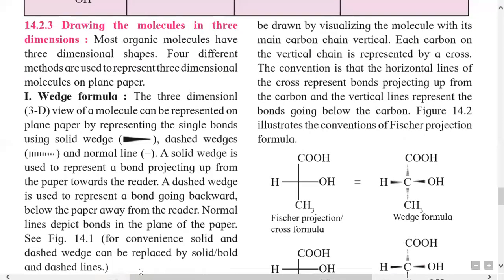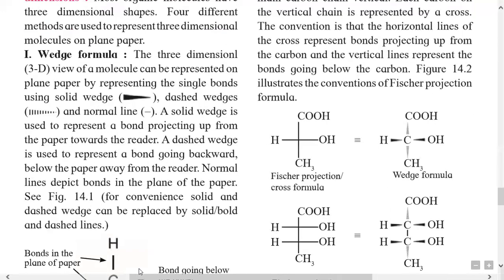We will study all these formulae in detail in today's lecture. Most of the organic molecules have three-dimensional shapes. Four different methods are used for writing these three-dimensional molecules on plain paper.